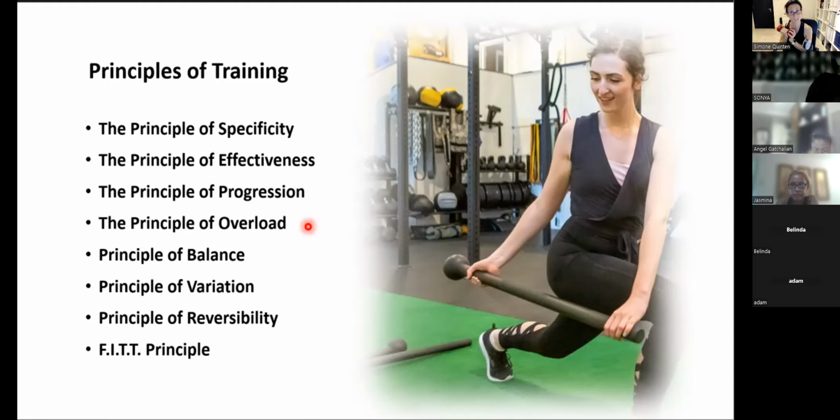Or you can change the lever, for example. Remember, we talked about long levers and short levers, yeah? A progression could be starting with your knees on the floor when somebody does a push-up, and then you ask them to do the push-up on the toes.